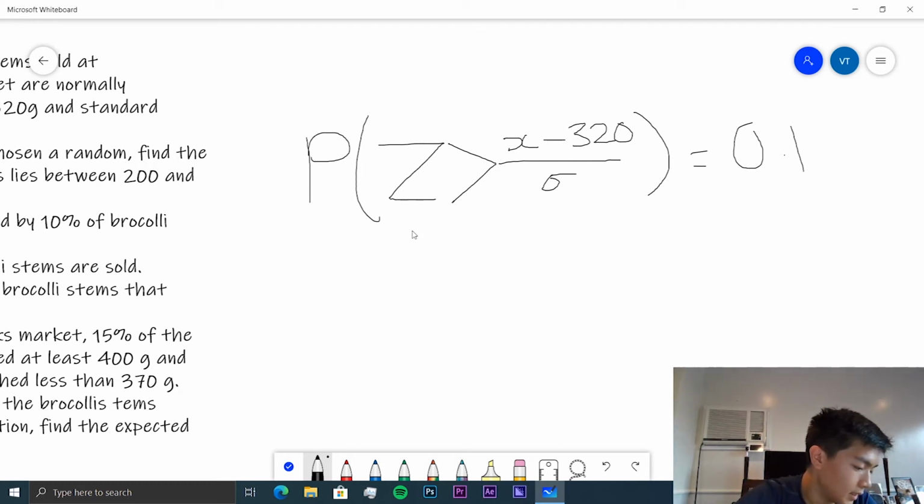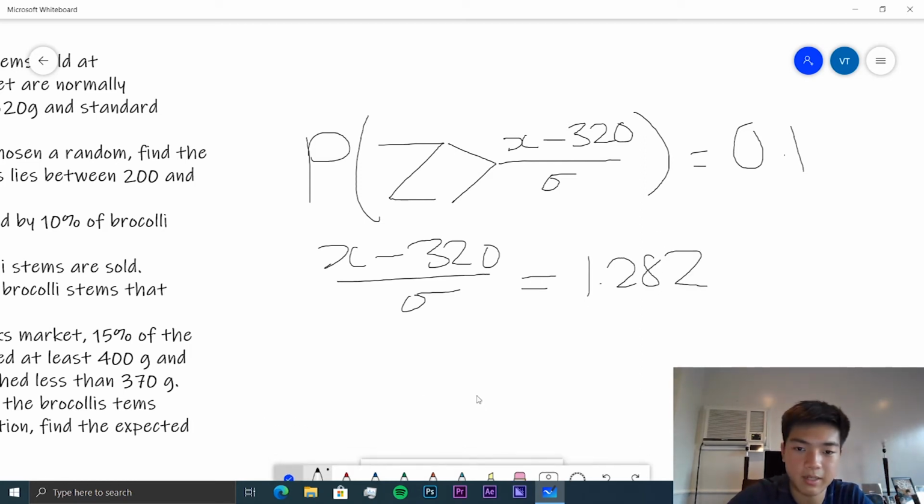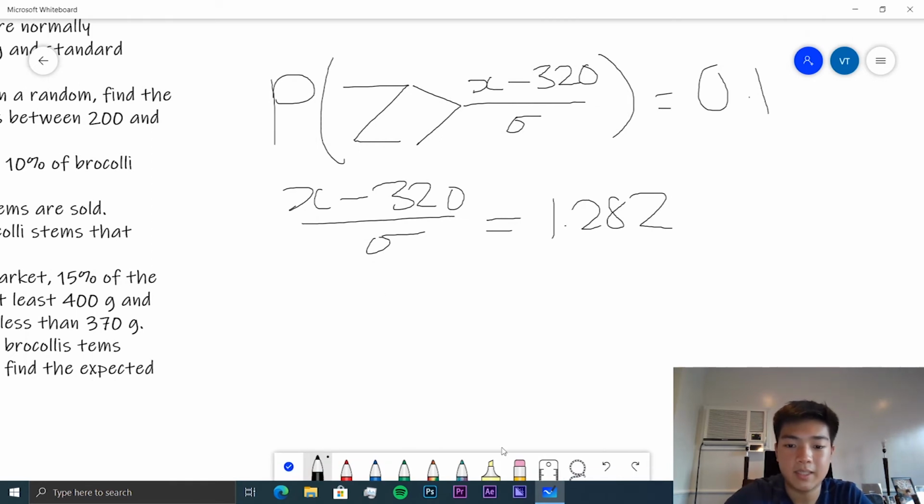So that equals x minus 320 over the standard deviation must equal 1.282. That's what I got. And so standard deviation, of course, being 20.